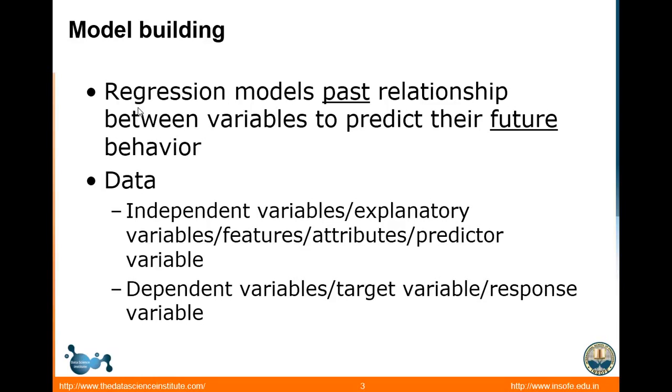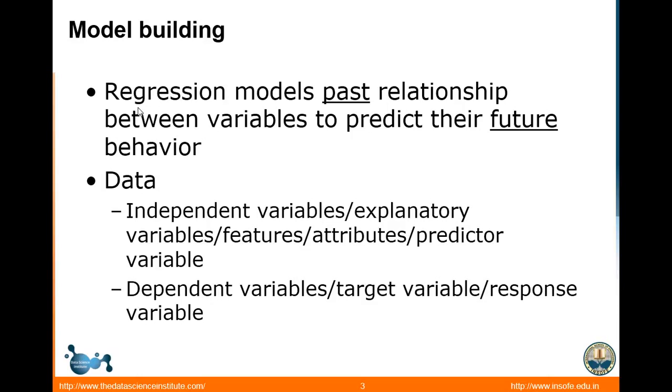So during this modeling, what we are essentially doing is capturing the relationship between several variables in the data in order to predict the future behavior. So for instance, if we have to understand the sales pattern, that is the past sales pattern, and be able to predict the quantity of items to be manufactured.